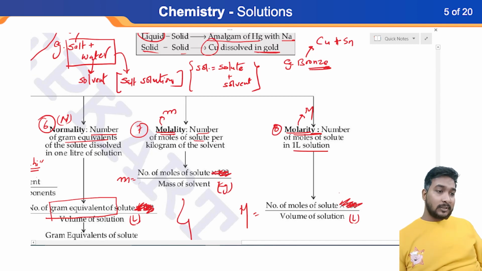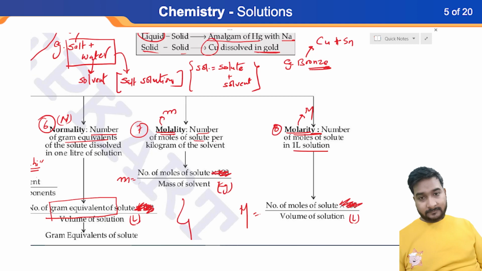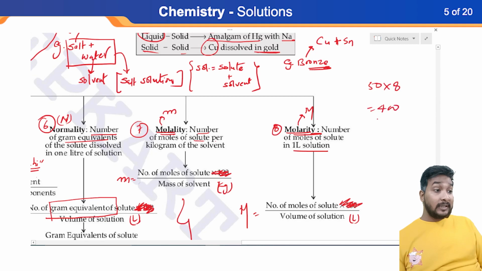So we should learn this in a very deep manner. You have to practice more and more. For every concentration term you have to solve at least 50 questions. So 50 questions for each term, and we have 8 terms, so we are solving 800 questions, sorry, 400 questions.